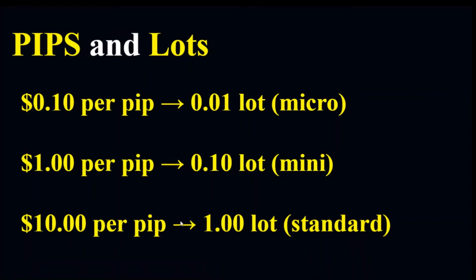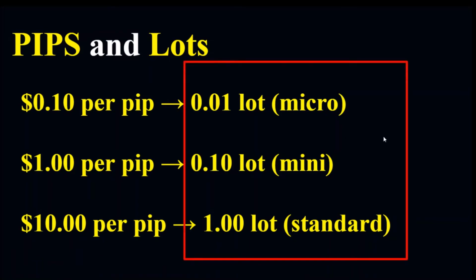All right, so I put a box around these values here because I want you guys to know that this is what you're going to be plugging into your MT4, and then this right here on the left is what it corresponds to. So if you use a 0.01 lot, that corresponds to 10 cents per pip. So how did I convert 10 cents per pip to a 0.01 lot?